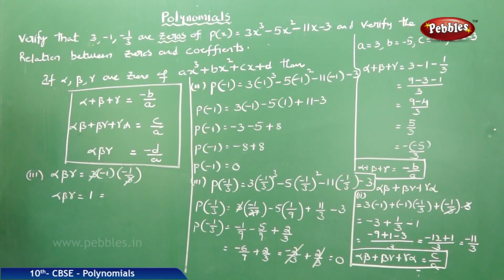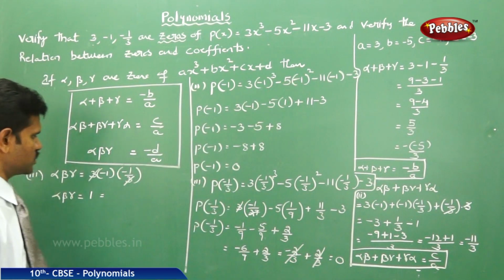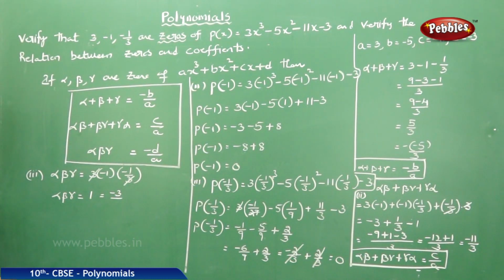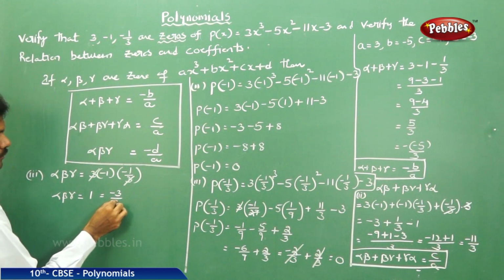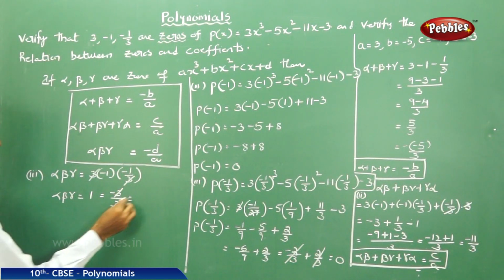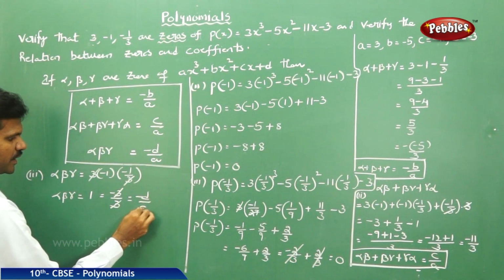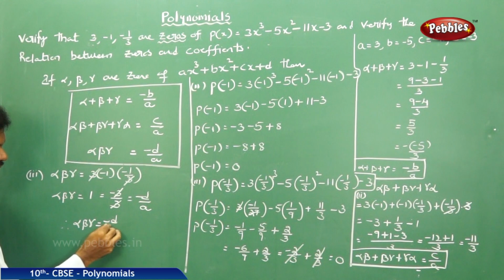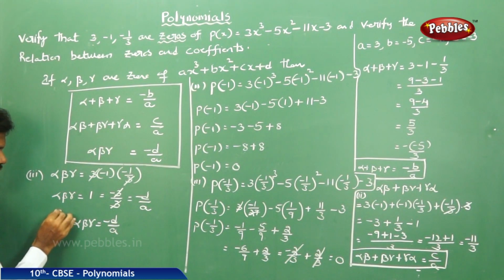Let us see what is the d value: it is minus 3 by 3, which will give you 1, that is minus d by a. Therefore, alpha beta gamma is equal to minus d by a, which is also proved.